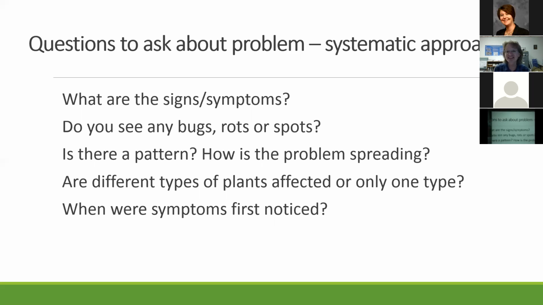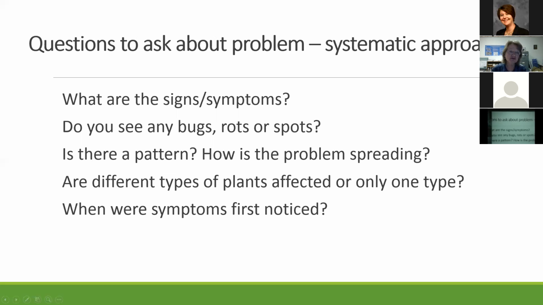They'll call and say, if I don't control it on this plant, is it going to kill all the other plants in my landscape or my garden? But luckily, the majority of pests are host specific. So if only one type of plant is affected, then maybe you could lean towards a biotic cause, like an insect or disease. But if it's many different types, you might want to start asking some questions about environment, looking at weather conditions, hail, that type of thing.